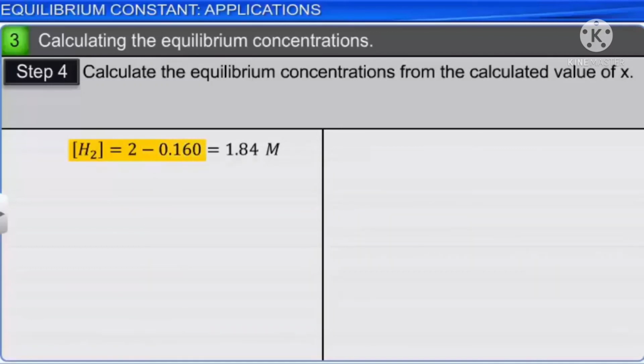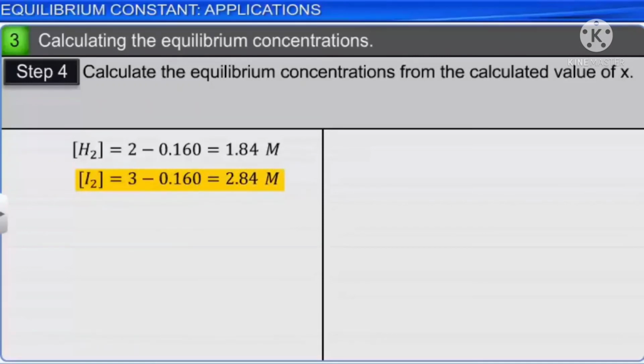In the case of iodine, the initial number of moles was 3, and hence the equilibrium concentration would be 3 minus 0.160, which is equal to 2.84 moles per liter. And finally, the equilibrium concentration of hydrogen iodide will be equal to 2 multiplied by 0.160, which is 0.32 moles per liter.